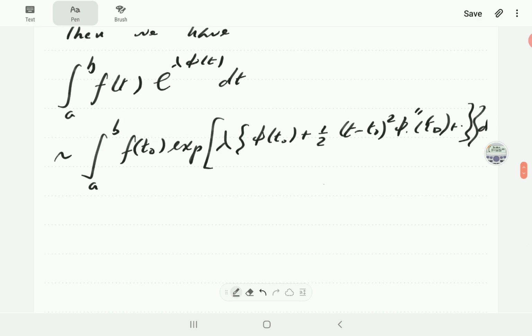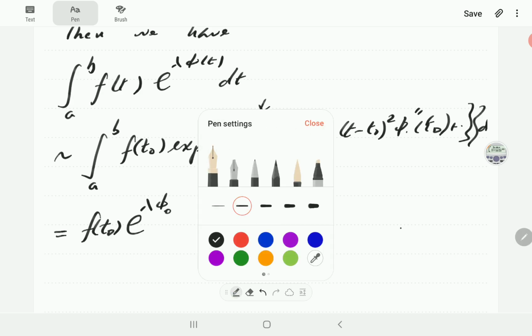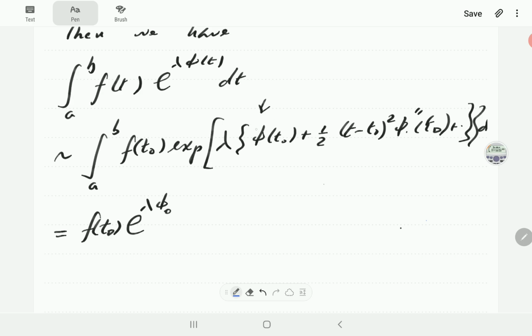The f at t naught we can factor out. Also this term we can factor out because it does not involve t. So e to the power phi at t naught, which we're going to denote phi naught, just for brevity.